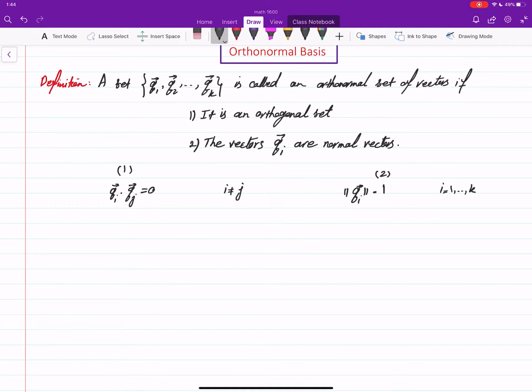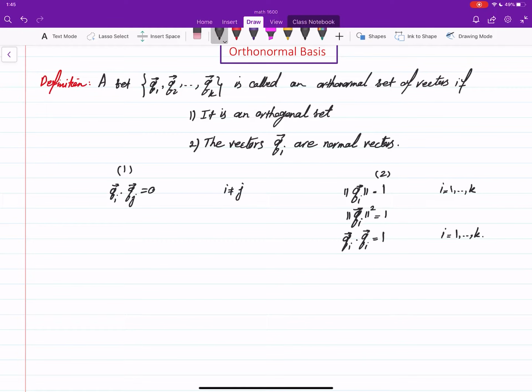We can rewrite this condition: the length of Qi being equal to 1 means that its square is 1, and length squared is nothing but dot producting the vector to itself. And this is true for all i's.